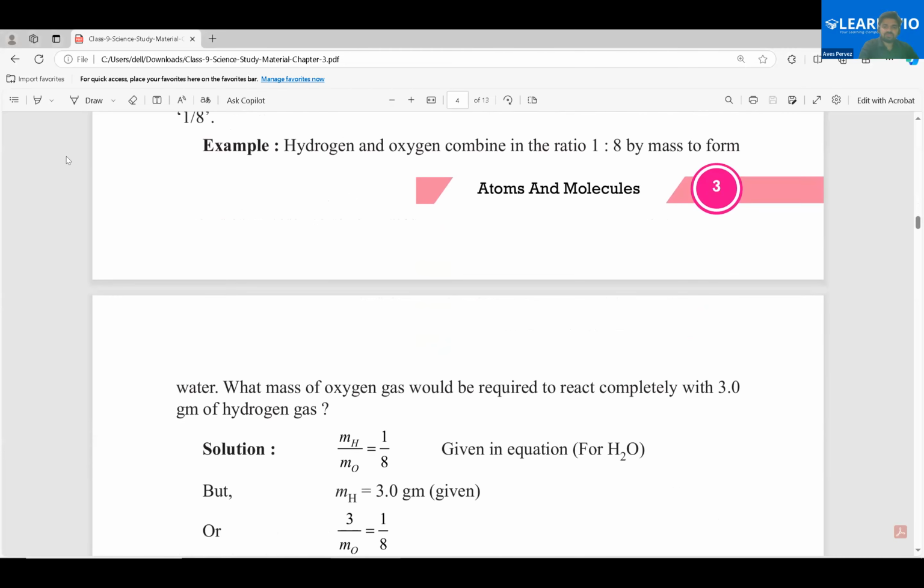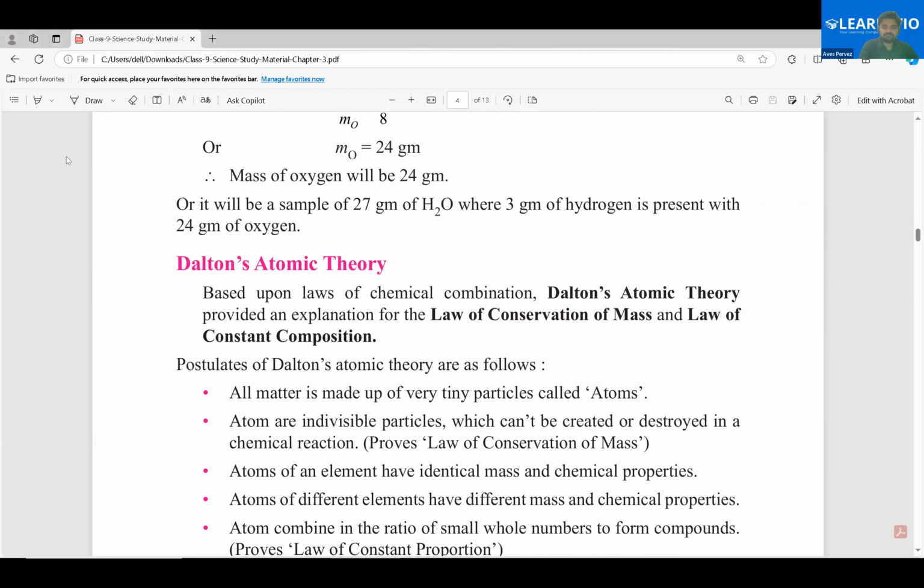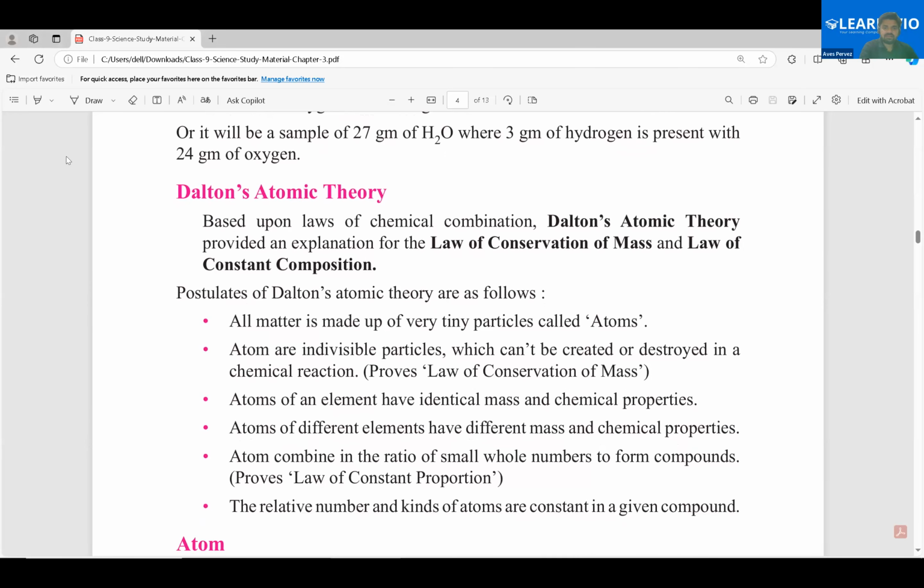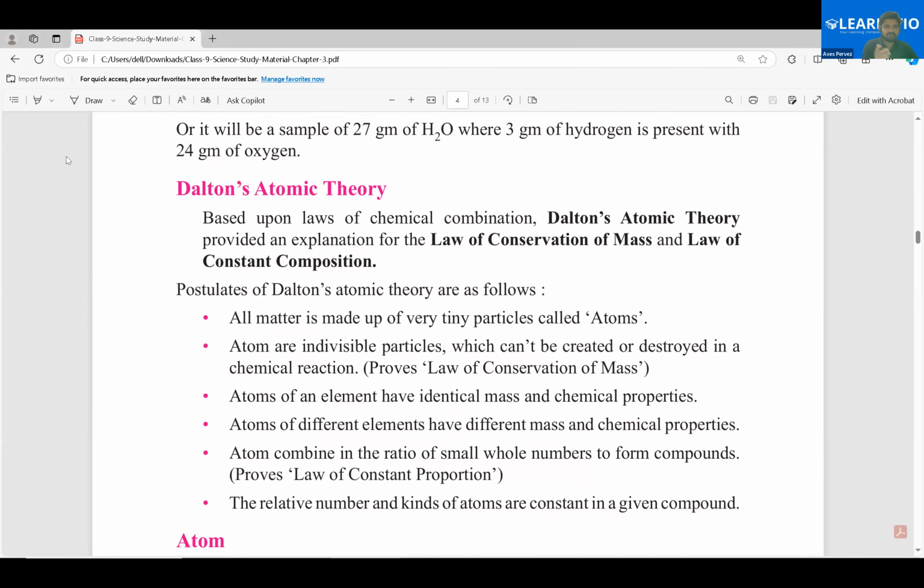Okay, so we were doing this one. Then let's move towards Dalton's atomic theory, and then we shall come back to that one. What does Dalton say? Dalton was the one who gave a theory about the atom, how atoms combine together, and Dalton's theory provided an explanation for the law of conservation of mass and the law of constant proportion.